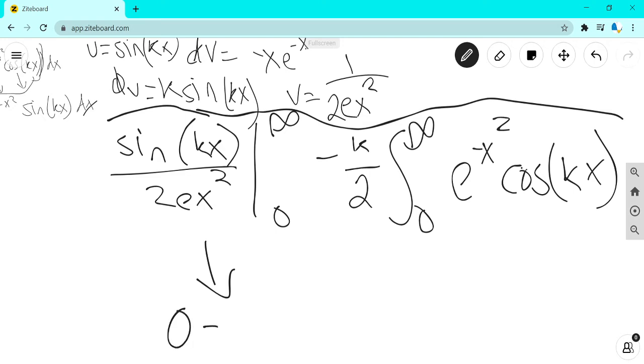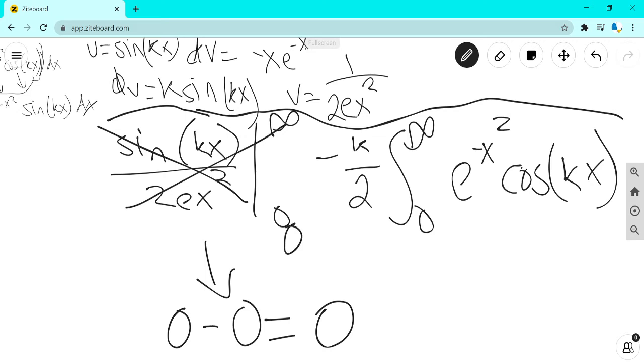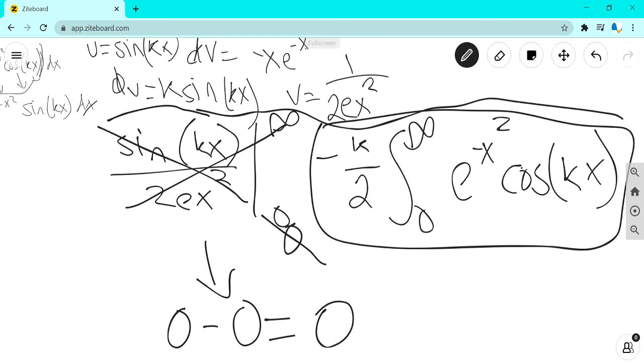And when you plug in 0, that's also 0. So this can be rewritten as 0, and this 0 doesn't matter, so basically this is the rest of our integral.